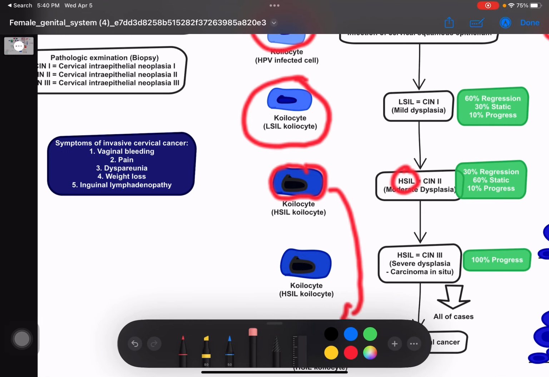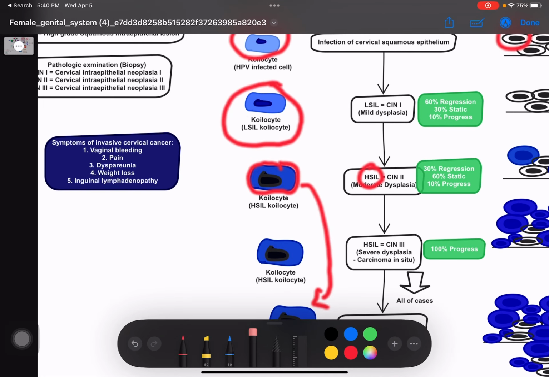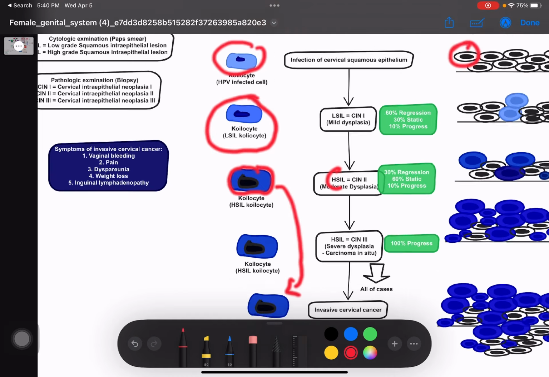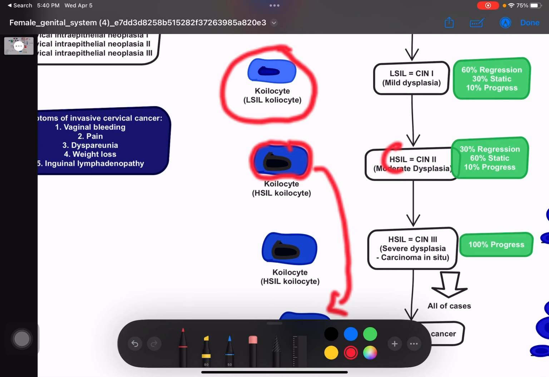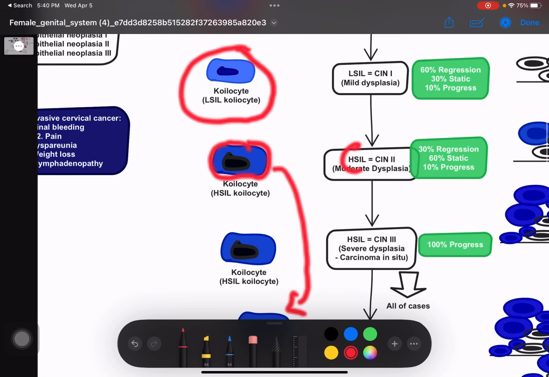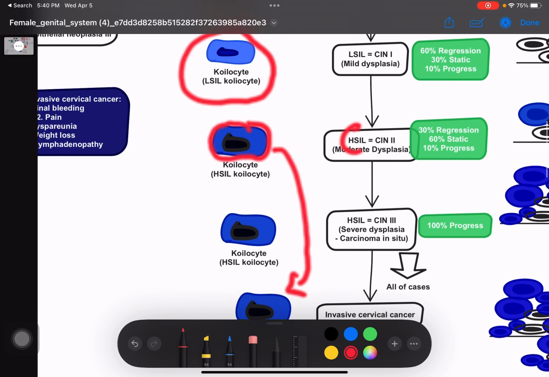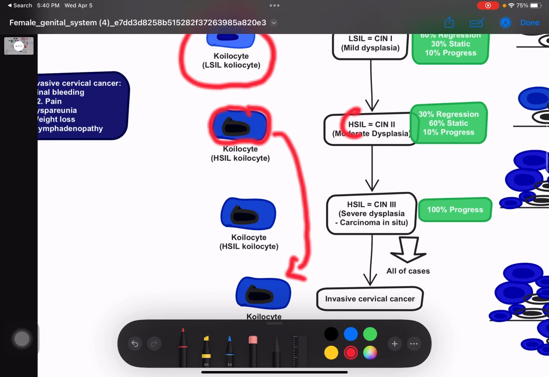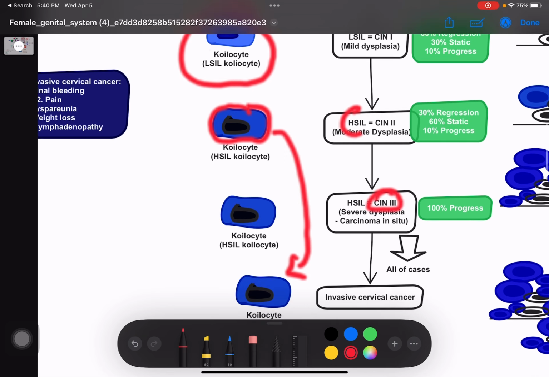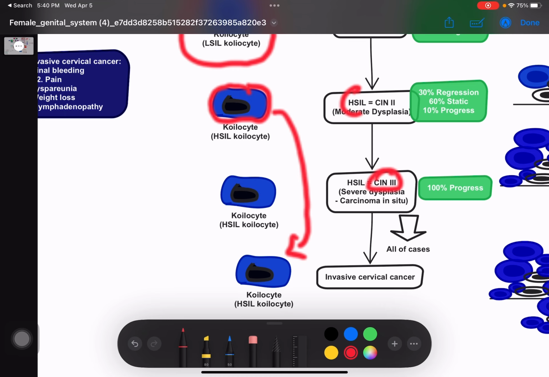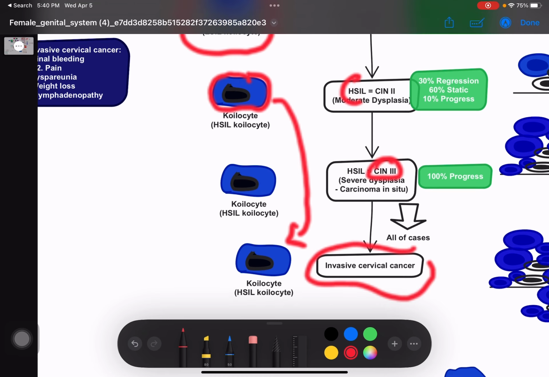But in the case of high-grade squamous intraepithelial lesion, also known as cervical intraepithelial neoplasia 2, the doctor usually tries to monitor it much more closely, because there is increased risk of progression of this high-grade lesion to the more severe dysplasia, which will most likely progress to invasive cervical cancer.